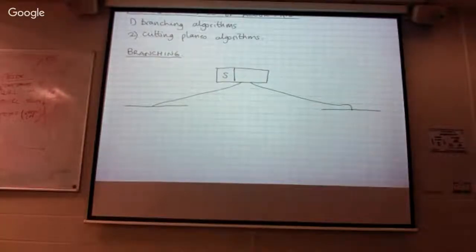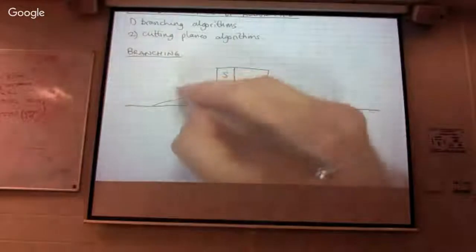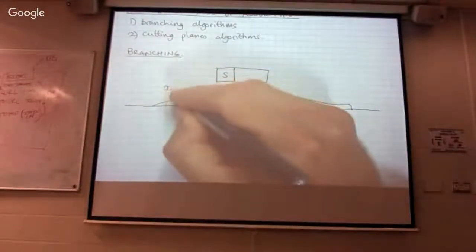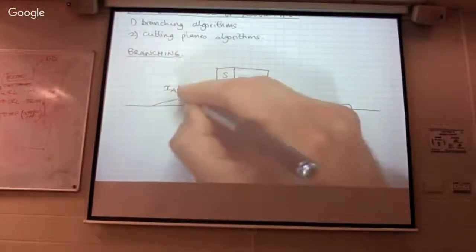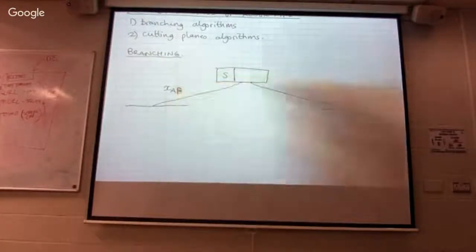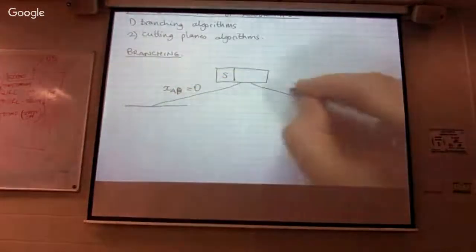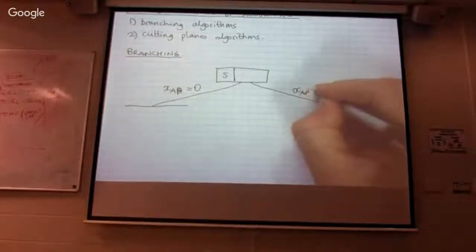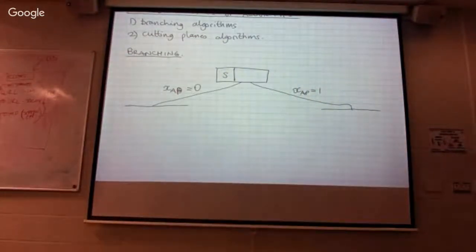So now the question is, how do we create the branches? For the moment, I picked one of the variables. The one I picked when I was looking at it was XAP, and XAP can either be 0 or XAP can be 1. There is no other option for XAP.